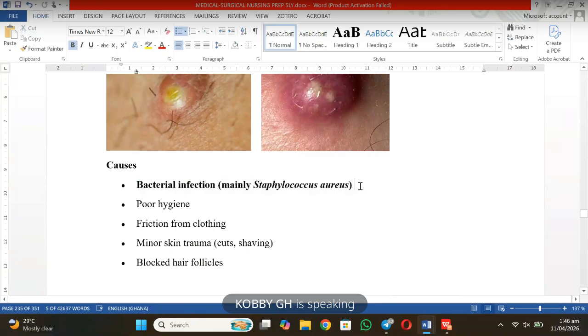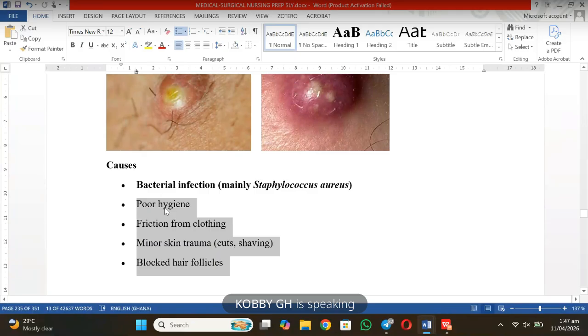Usually, apart from the examiner wanting to examine your understanding of the difference between the two, a common question they can ask you in these two conditions is the common causative organism, and that is Staphylococcus aureus. Now, apart from that, there are other factors that can increase one's chances of getting this condition. One of them is poor hygiene.